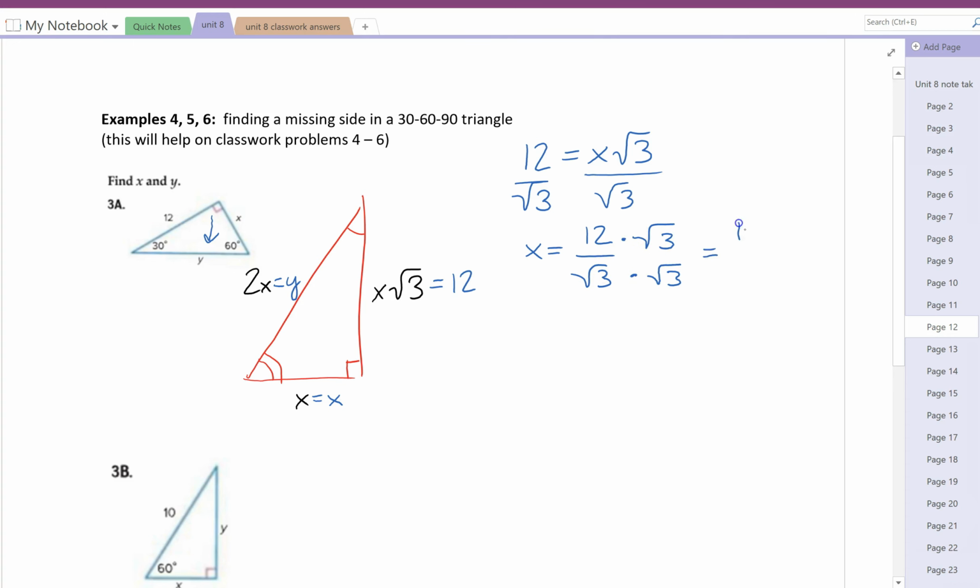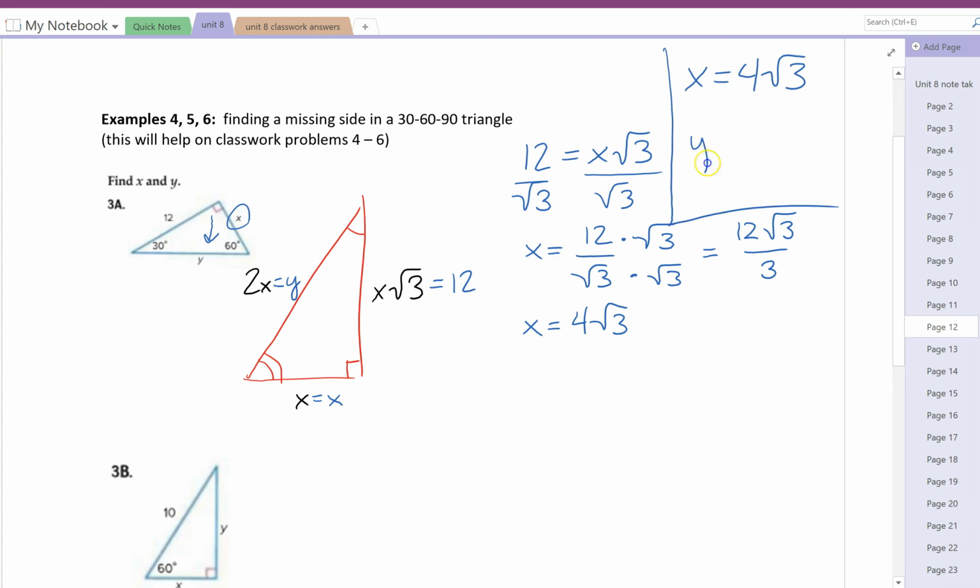And that's going to give me 12 times the square root of 3 over 3. I can reduce, because 12 divided by 3 is 4, so x is 4 times the square root of 3. All right, so now I know what x is equal to. One of the variables I'm solving for here is x, and I just figured that out. X is equal to 4 times the square root of 3.